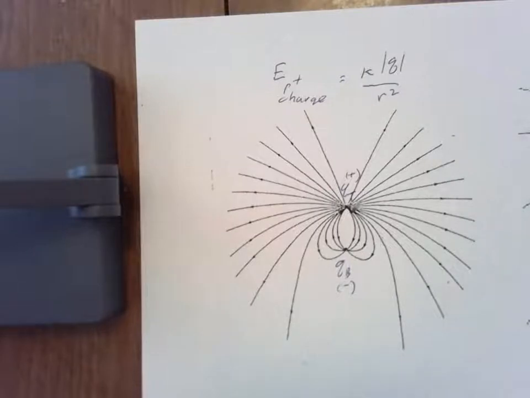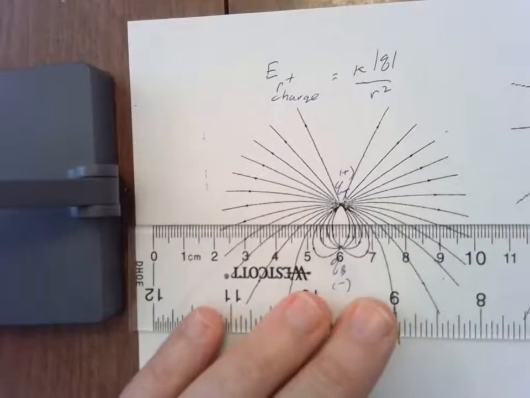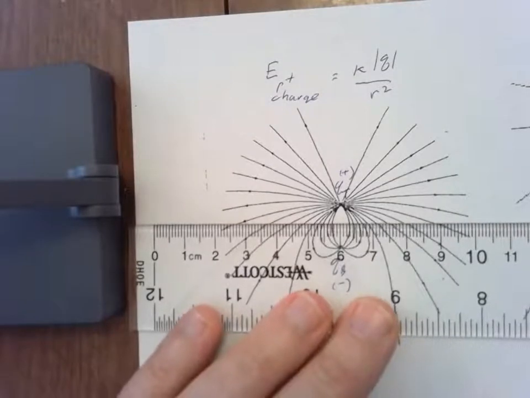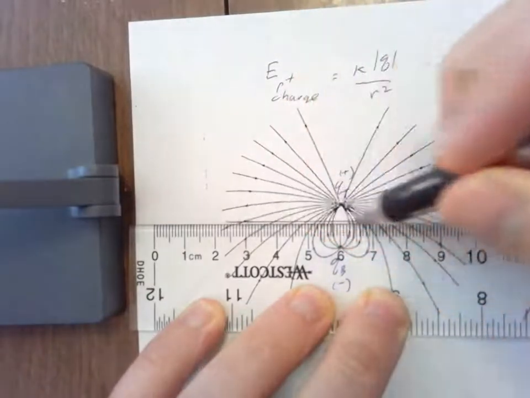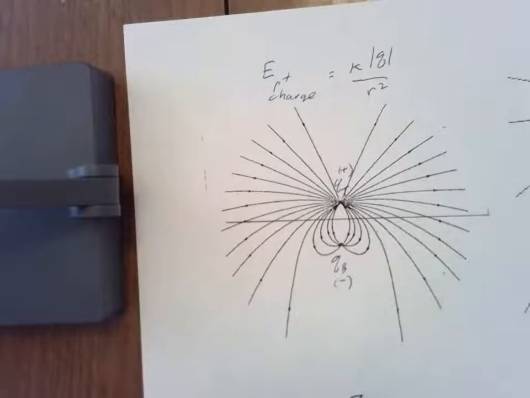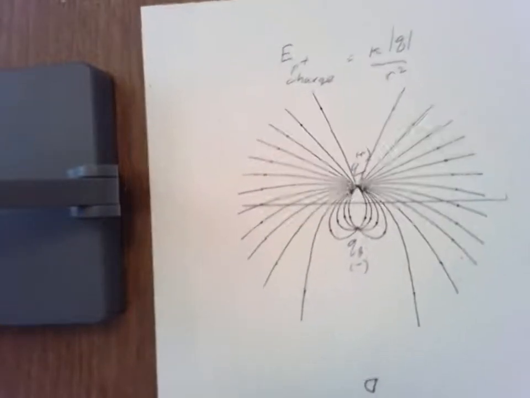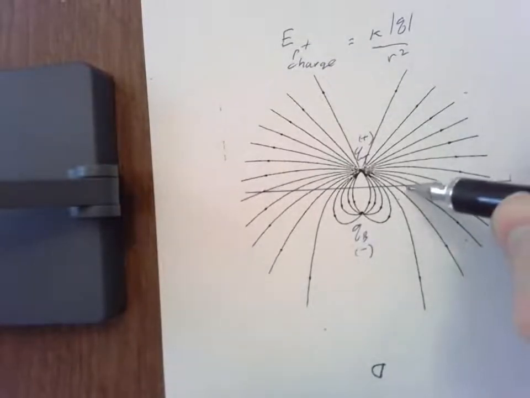And to do that, I'm going to draw a line that's a perpendicular bisector of the line connecting the charges. So pick a point somewhere along that line. I didn't quite get a perpendicular bisector, but it's close. So let's just pick a point right here.